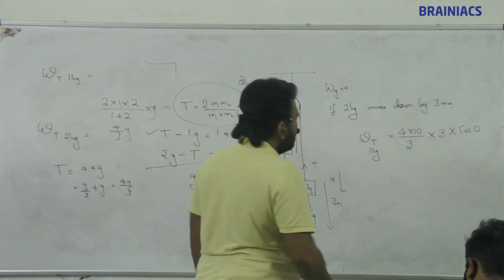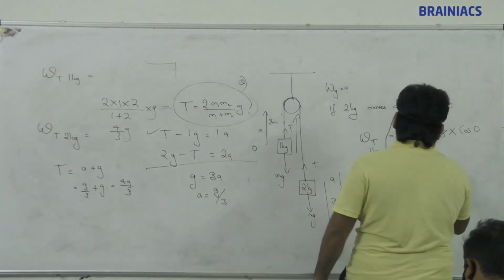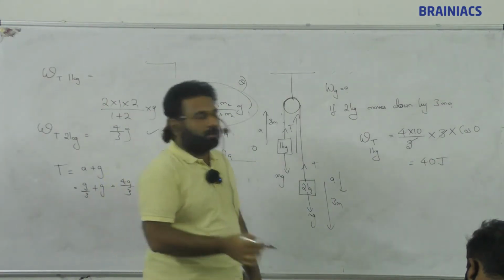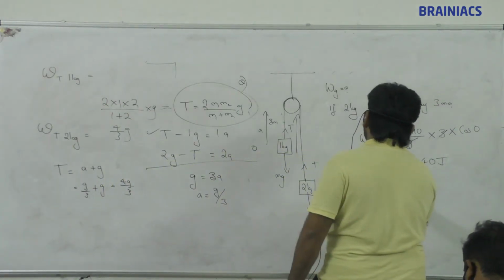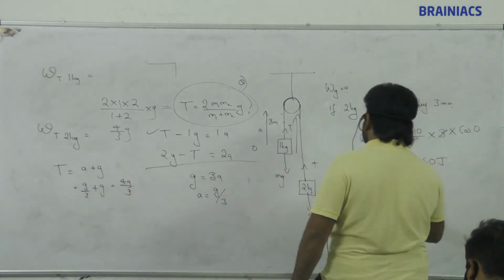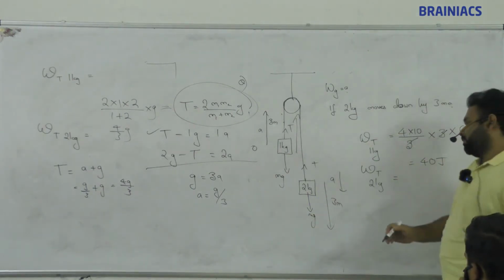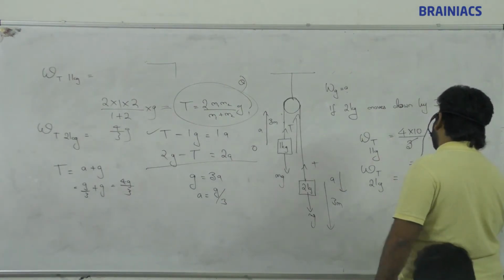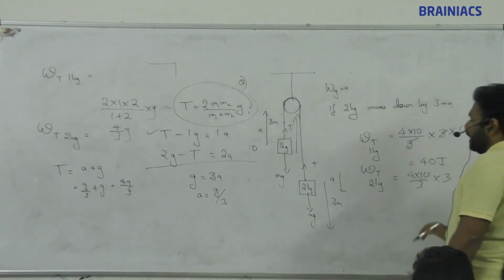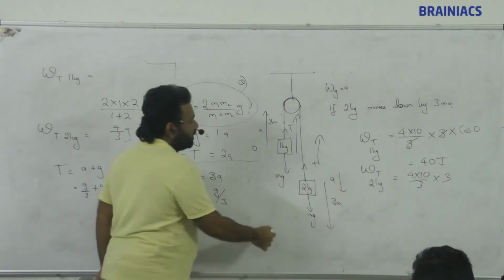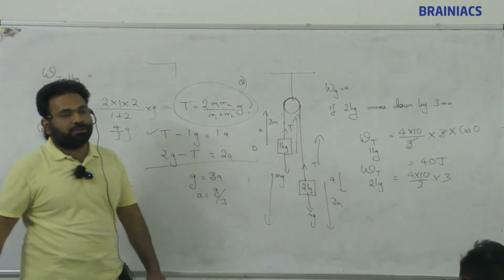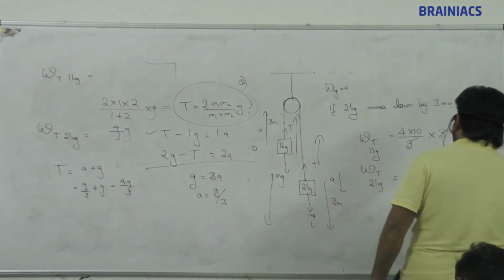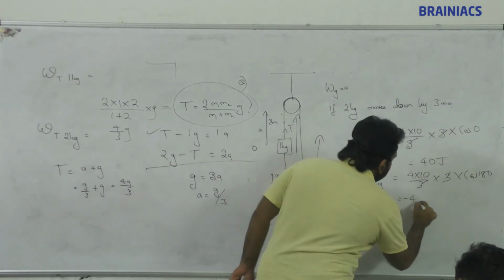So 40 joule, done. Same way, work done by tension on 2 kg: tension 4 into 10 by 3 into 3, tension is in the upward direction, displacement in the downward direction, so cos 180. I will be getting minus 40 joule.